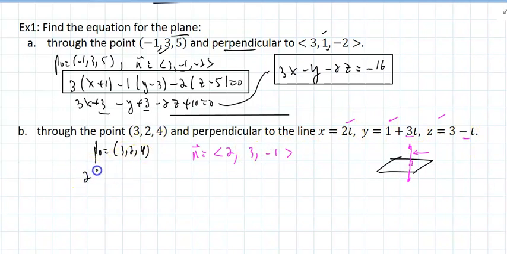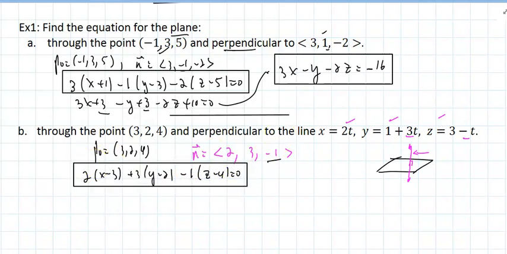I would say 2 into x minus 3 plus 3 into y minus 2 plus c into z minus 4 equals 0. That would be sufficient for a test.